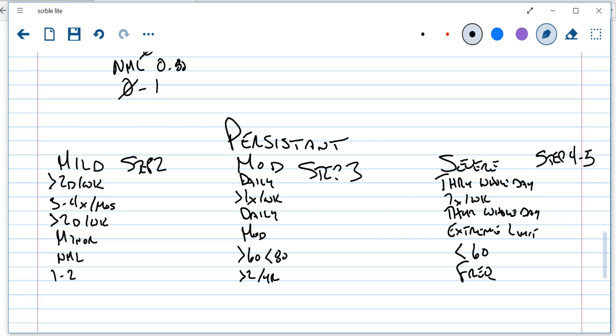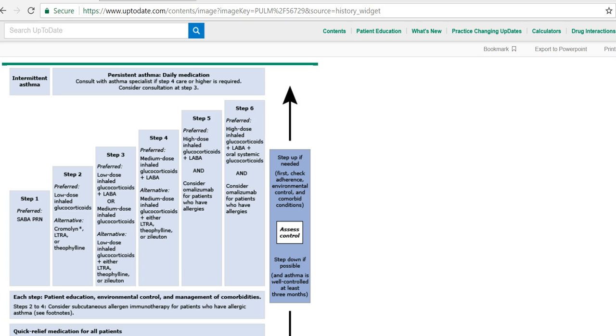So then as we look at our stepwise approach to managing, this is where we start doing our interventions, pharmacologic, and always thinking about the other things that we talked about in terms of reducing triggers and reducing histamine.